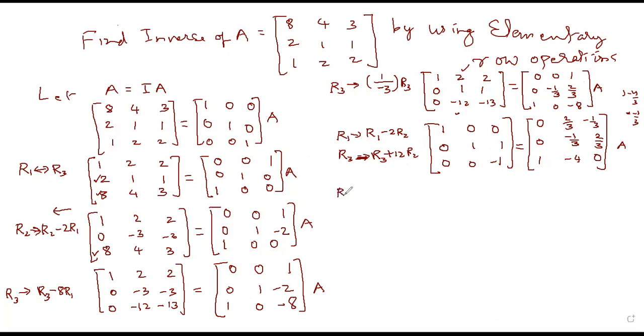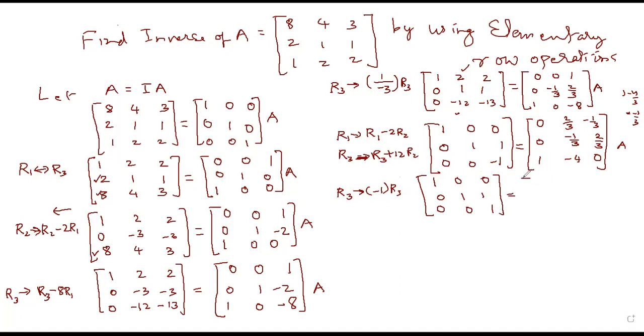So now you can multiply the third row by minus 1, so the third row will become 1 here. Okay, then other rows will not change. 0 1 1 as it is.